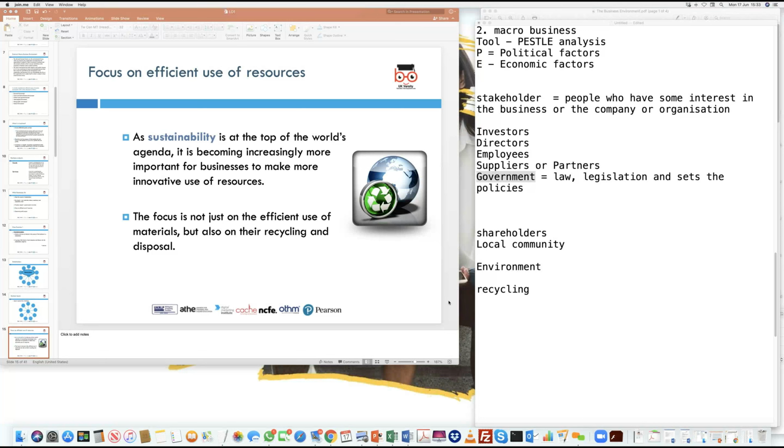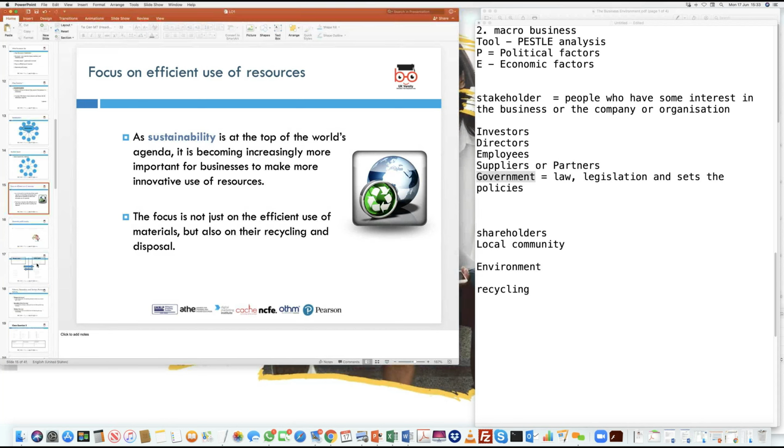Usage of resources has to be done in a way that is sustainable for the long run because government law and legislation requires businesses to produce less waste which goes to the landfill. So at some stage, in order to make money or profit, businesses have to use resources wisely.